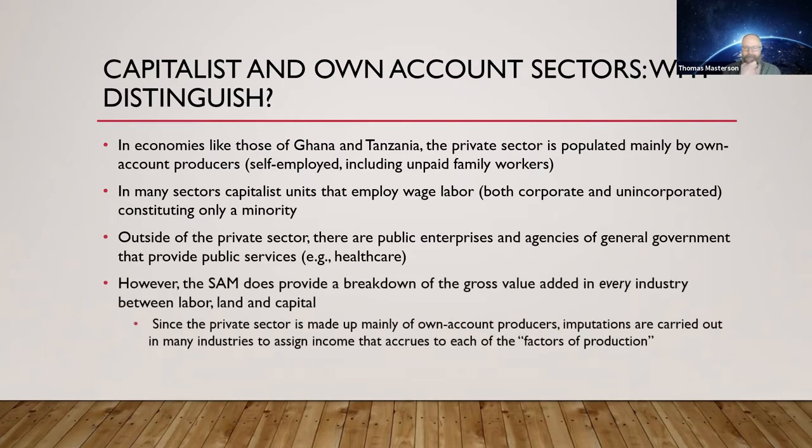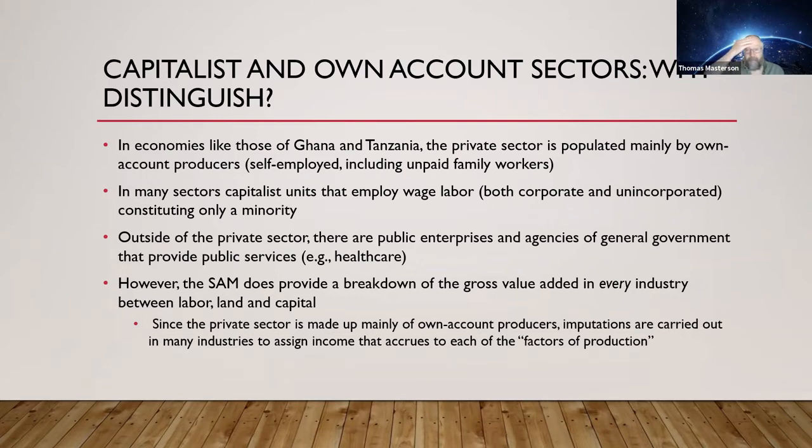The SAM does provide a breakdown of the gross value added in every industry between labor, land, and capital. Since the private sector has so many own account producers, we're going to produce imputations in a lot of sectors to assign income that accrues to each of the factors of production.